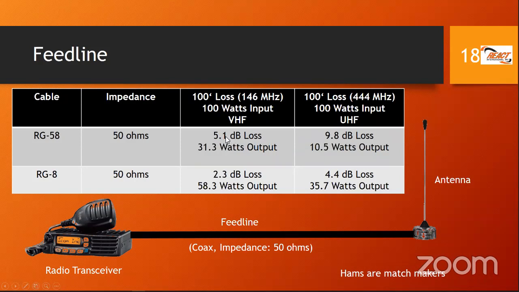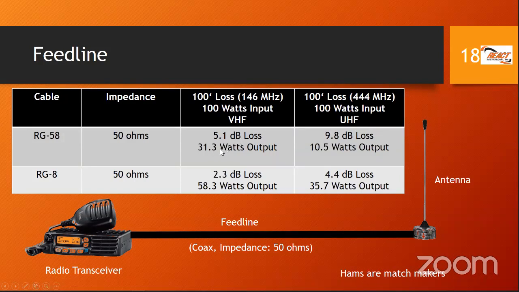So what this is telling us is that the loss associated with any given cable is dependent a lot on the frequency that we're using. So at the VHF part of the spectrum, the loss is less compared to the UHF part of the spectrum, right?